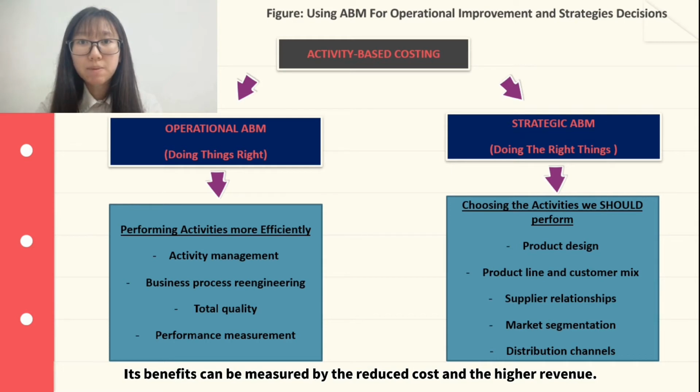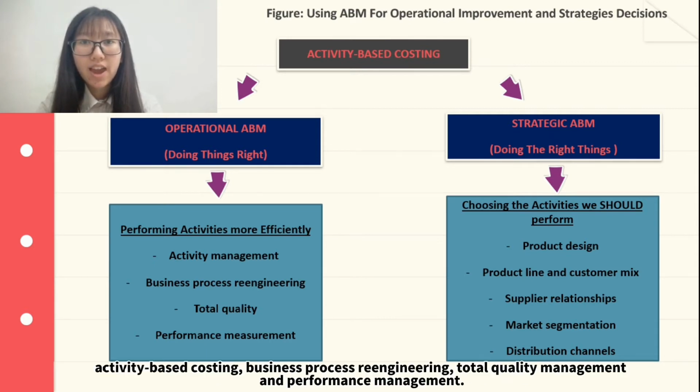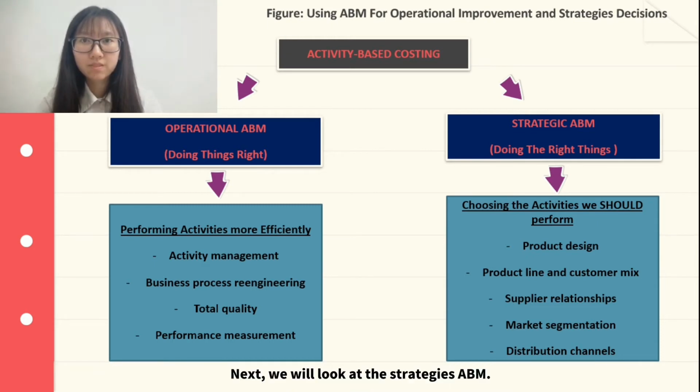Its benefits can be measured by reduced cost and higher revenue. The key tools of operational ABM include activity analysis, activity-based costing, business process re-engineering, total quality management, and also performance management. Next, we will look at strategic ABM.